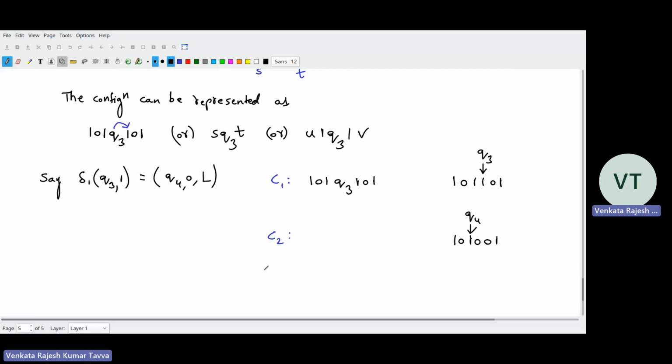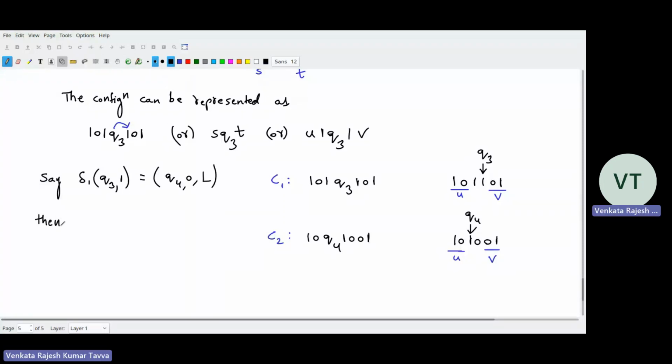This is just an example to understand the concept of configuration. This thing, how do I write it here? This thing, 1 0 Q4 1 0 0 1, which means Q4 is pointing to this one. Okay. So I can say this is my U, this is my V. This U and V will remain the same.